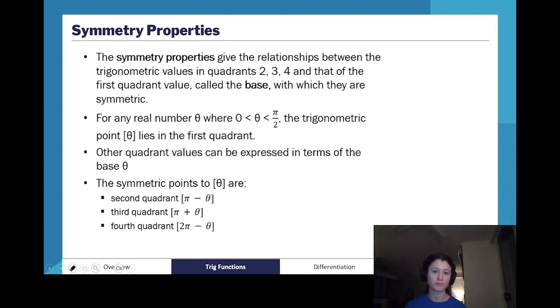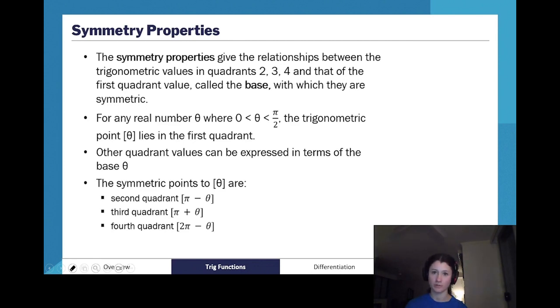So, the symmetry properties give the relationships between the trigonometric values in quadrants 2, 3, and 4, and that of the first quadrant value, called the base, with which they are symmetric. So, for any real number theta, where theta is between 0 and pi over 2, or 0 and 90 degrees, the trigonometric point lies in the first quadrant.